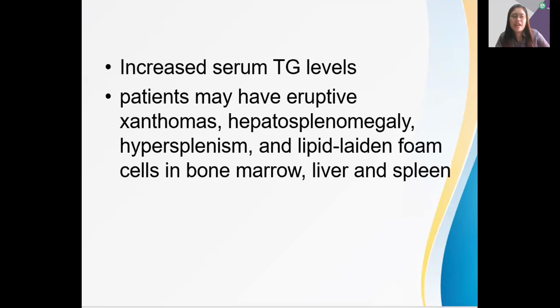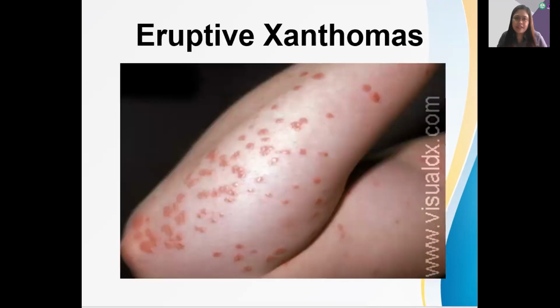If we check the patient, other signs and symptoms will be eruptive xanthoma, or there will be enlargement of the liver and the spleen, or hyperactivity of the spleen. We call that hypersplenism. And there will be lipids surrounding the organs like the bone marrow, the liver, and the spleen.